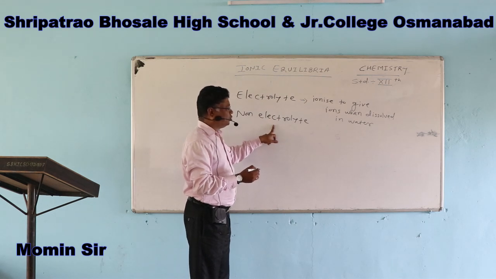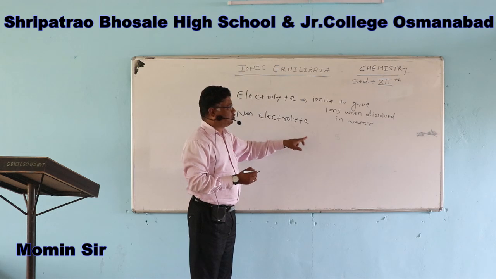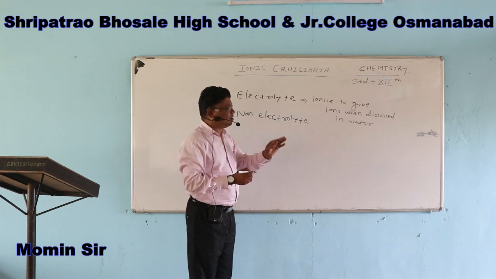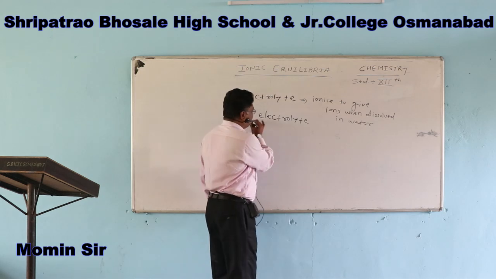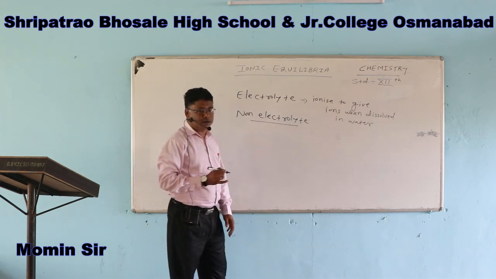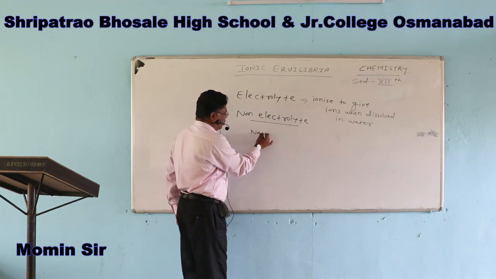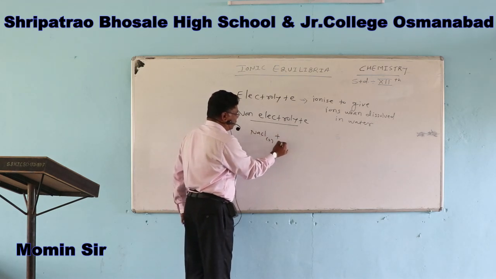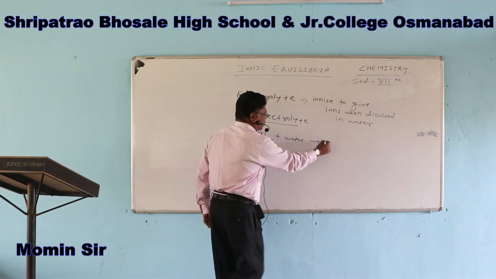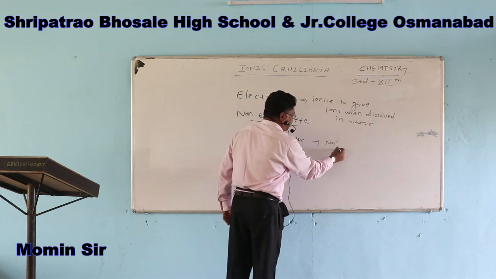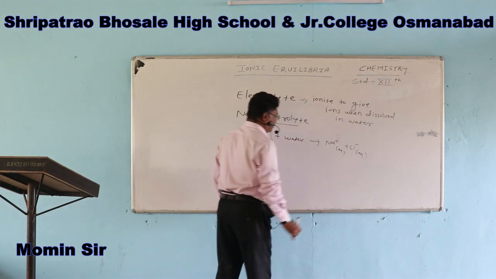And in opposite to that, substance which do not ionize to give ions when dissolved in water, that are called non-electrolyte. For example, you know that NaCl, sodium chloride solid, when dissolved in water, it gives Na plus aqueous plus Cl minus aqueous.